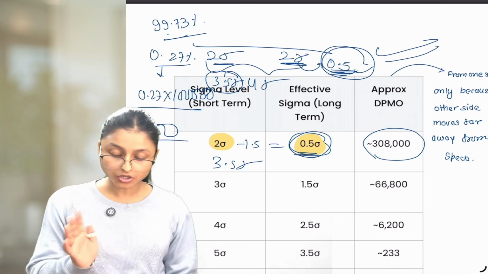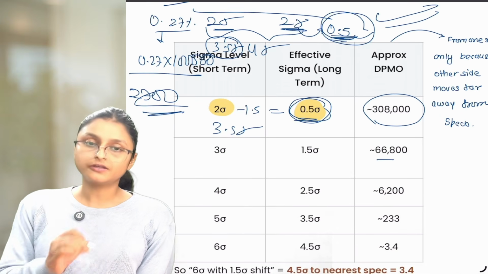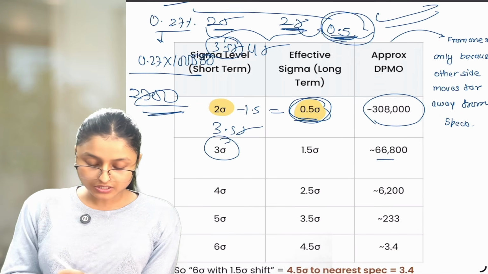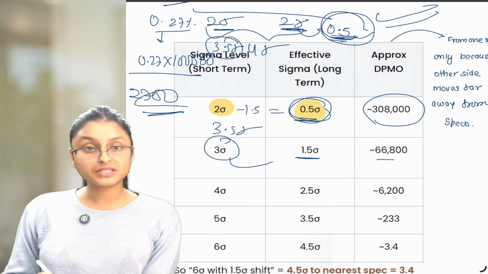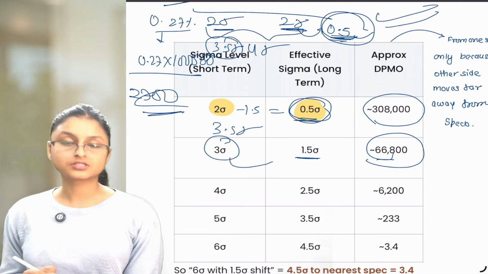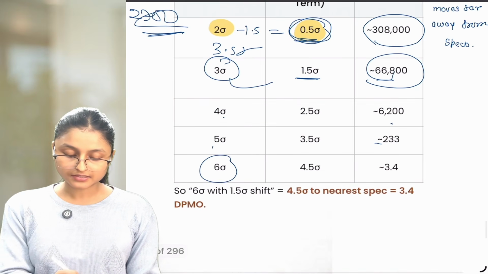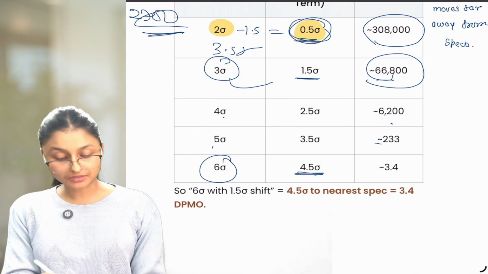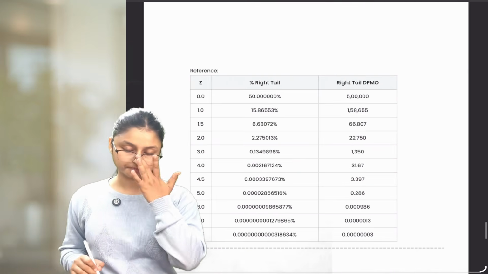But for now, we are not doing that. We are just knowing the final defects that will arise. So for 3 standard deviation, if this shifts, then 1.5 sigma will be the effective one, which leads to 66,800 defects. Similarly, if you go forward, you'll find that in 6 sigma, 4.5 sigma is the real one, and that is why 3.4 defects per million opportunity comes in.